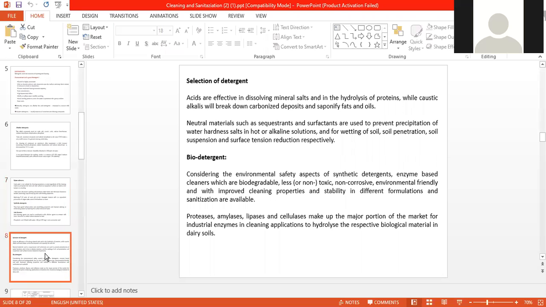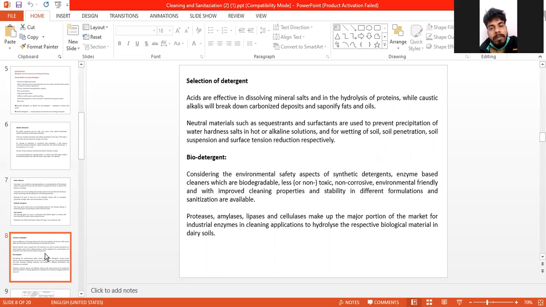Selection of detergents. We have already told you that acids are very effective in dissolving mineral salts and in hydrolysis of proteins, while caustic alkali will break down carbonized deposits and saponify the fat and oils from the surface of the equipment.